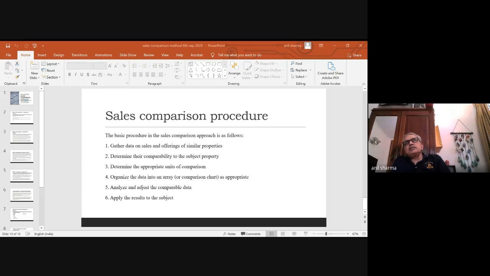So what you'll have to do, for instance in my case, is this: a colleague of mine is doing a land and building valuation, I am doing the plant and machinery valuation, and there is a financial valuer also using the income method together with me. The income method will give you the entire business value of the plant in terms of the discounted cash flow. Let's say I've got 2,000 crores from the income method.